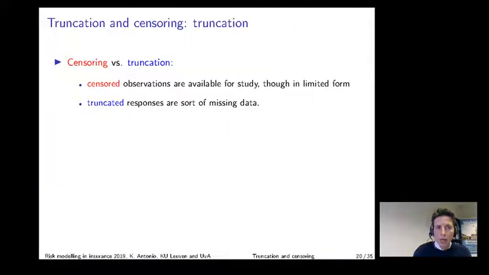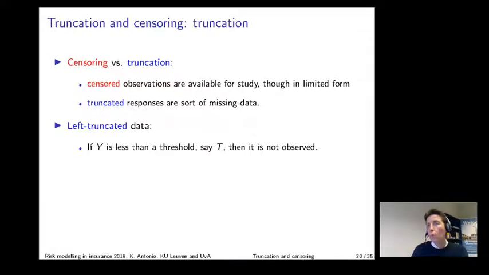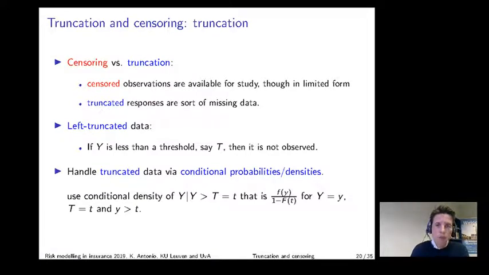So whereas censored observations are available for study, but in limited form, truncated responses are a sort of missing data. For example, with left truncation, the outcome Y, the response variable or the dependent variable, is not observed if it is below a certain threshold denoted here with T. In the likelihood, you should handle this by including conditional probabilities and conditional densities.